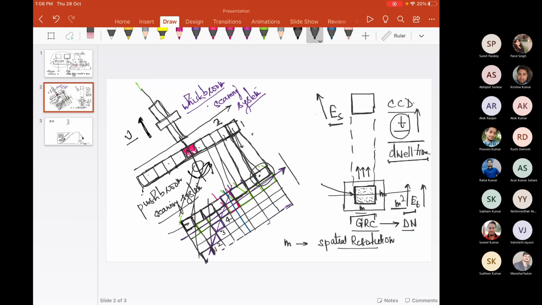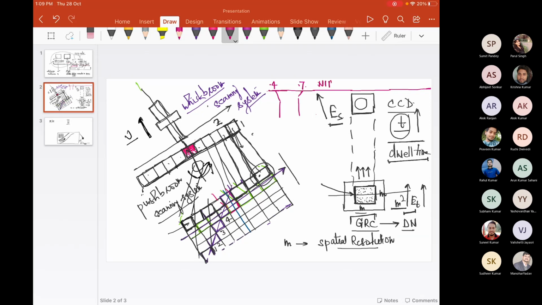Now I draw the wavelength axis here. As I told before, in multispectral or hyperspectral sensors, the sensing system comprised of CCD is sensitive in a certain spectral band. Here this is the visible spectrum, 0.4 to 0.7.